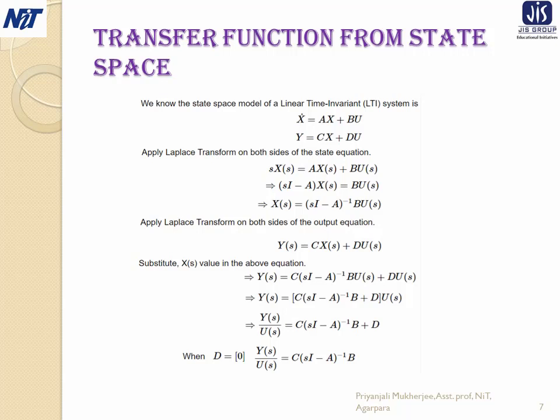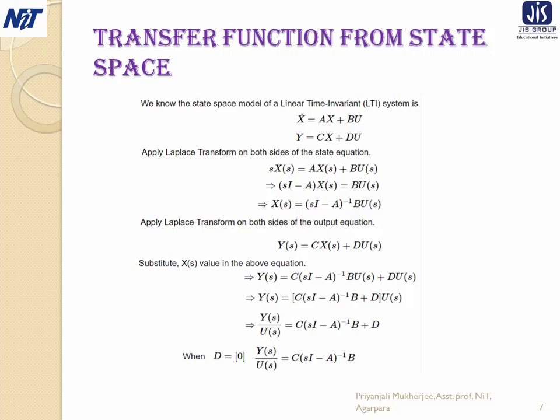Now the transfer function has been defined as the ratio of the Laplace of output, and output here is y, so the Laplace of output is Y(s), to the input Laplace transform, and input here is u, so the Laplace of input is U(s). So Y(s) by U(s) at zero initial conditions represents the transfer function of the system.